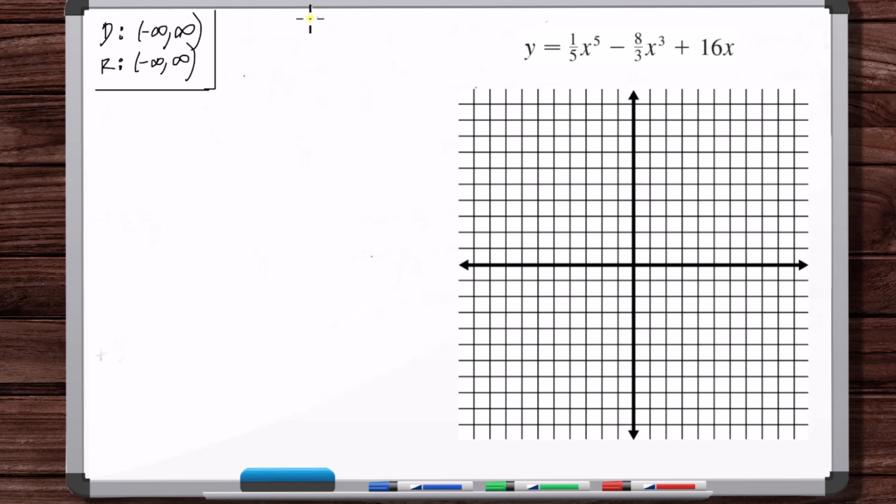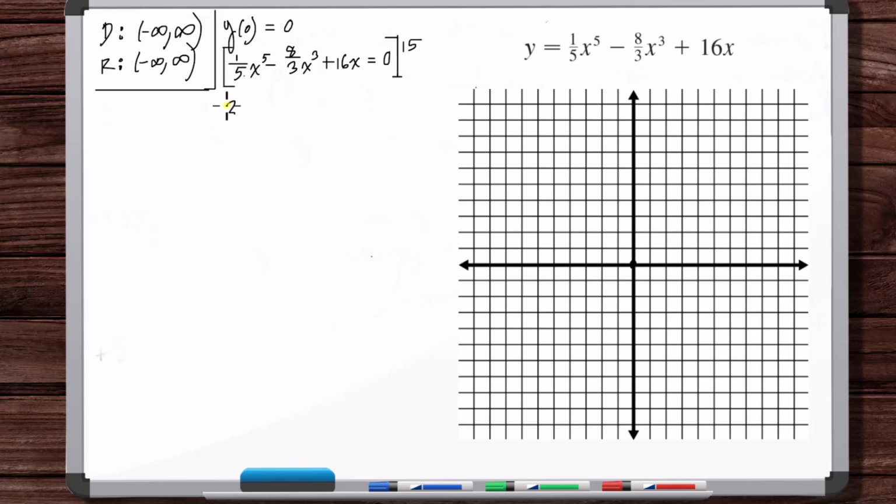Okay, so next let's get the intercepts. What are the y-intercepts? Set x equal to 0 and solve for y. So the point (0, 0) is an x-intercept or a y-intercept. Well, it's both actually. Now the x-intercepts: set y equal to 0 and solve for x. To get rid of the fractions, let's multiply this entire equation by 15.